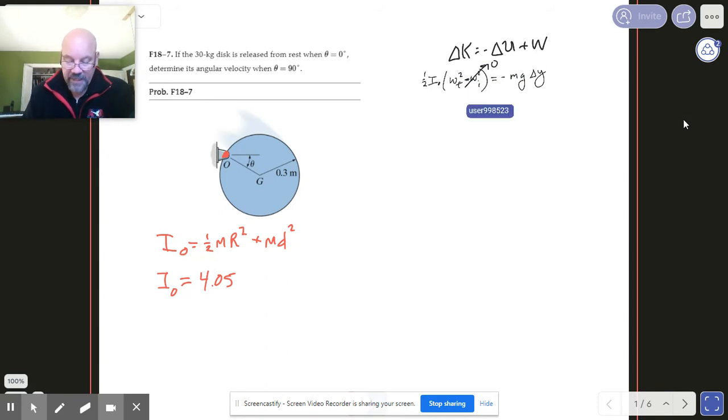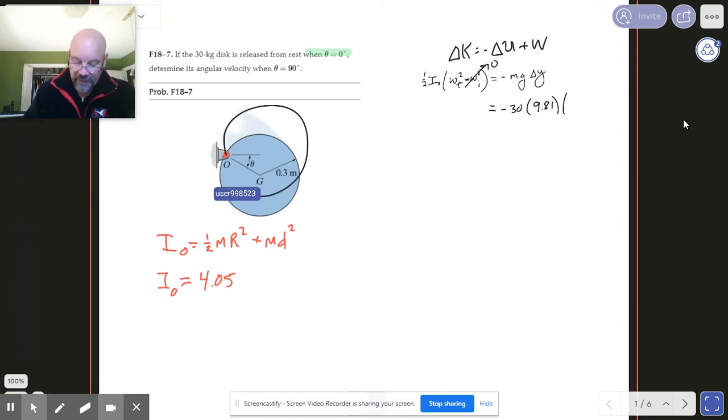Let's figure out what the change in potential energy is. We've got mass, which is 30, times 9.81, and our delta y. In this particular problem, we start at theta equal to 0, which means this thing was sitting straight out from the pivot, and it's going to fall all the way down like this.